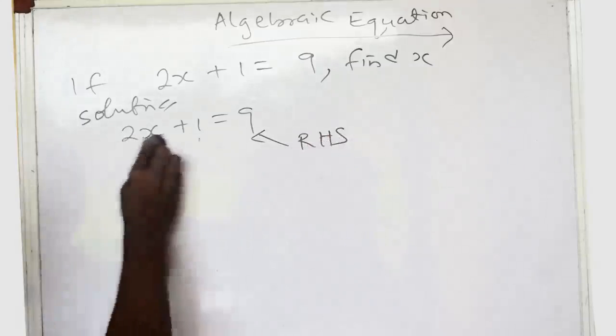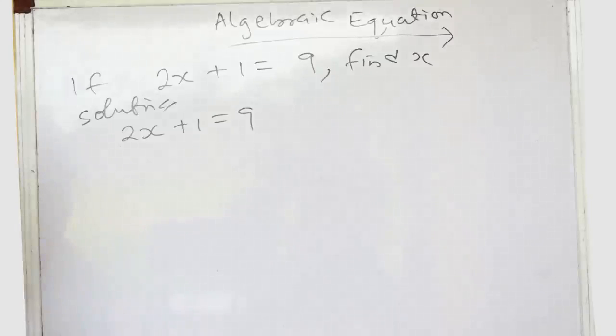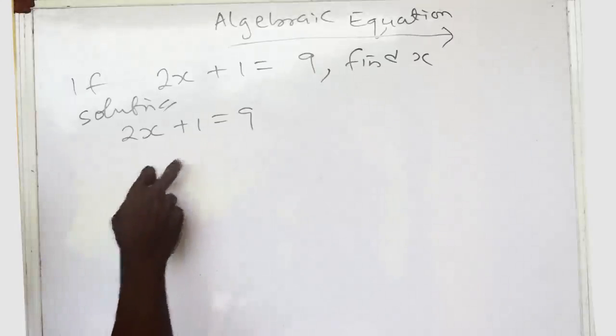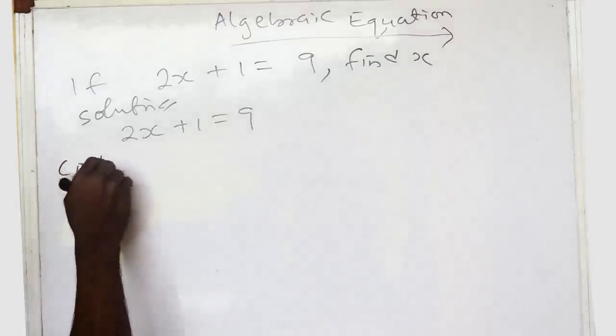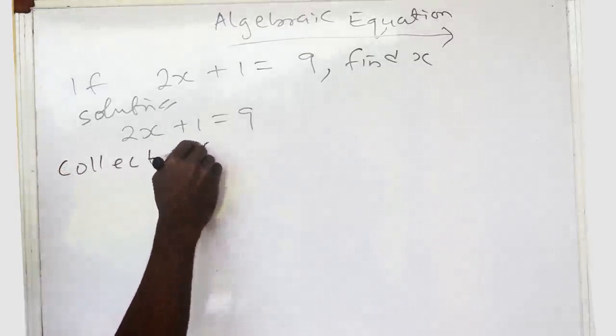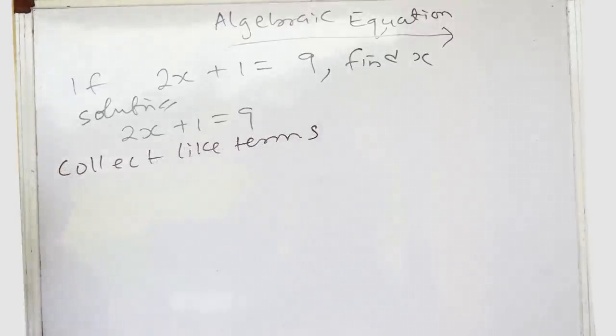So the essence of this, if I go back to the equation, you find out that the only way to find x is to collect like terms because it's not arranged. We write collect like terms.